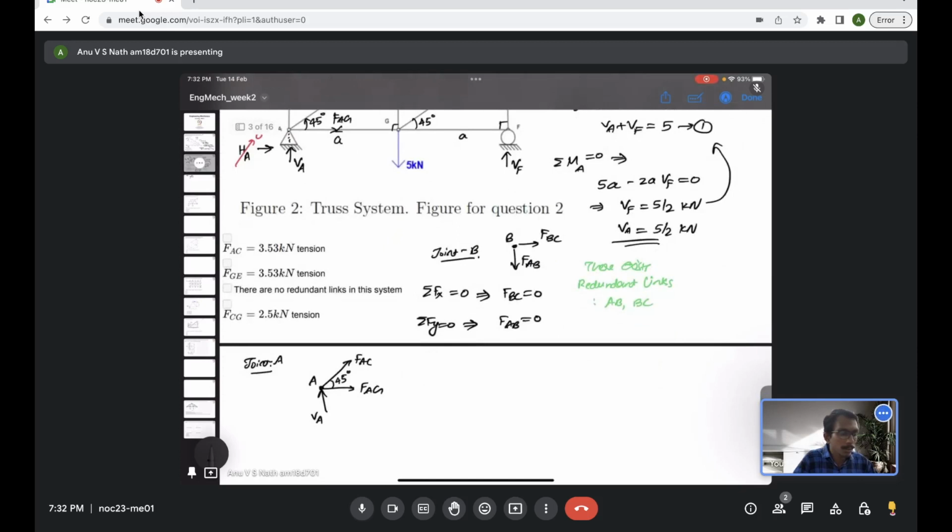So we could use the sine rule, F1 by sine of alpha 1 equal to F2 by sine of alpha 2 equal to F3 by sine of alpha 3, which is basically the final reduced form of the equation, or I can still use the actual equilibrium equation for joint A, which is sigma Fx equal to 0.